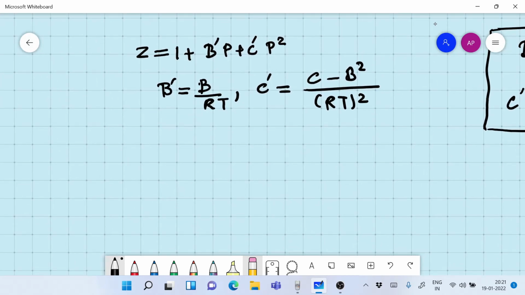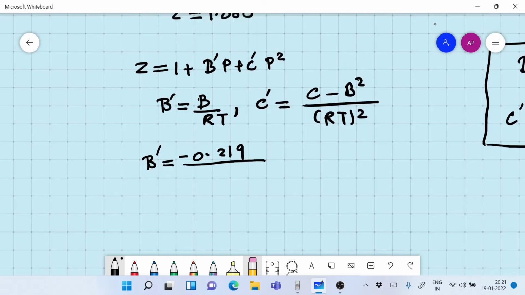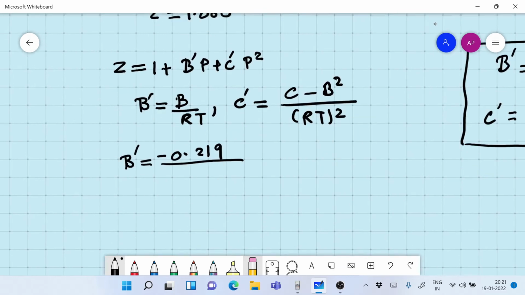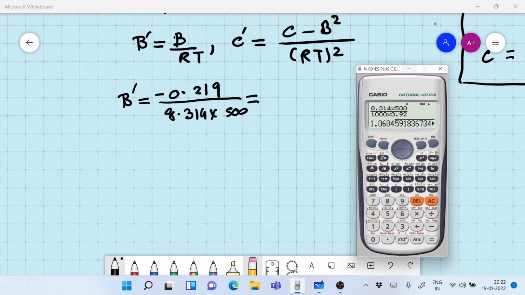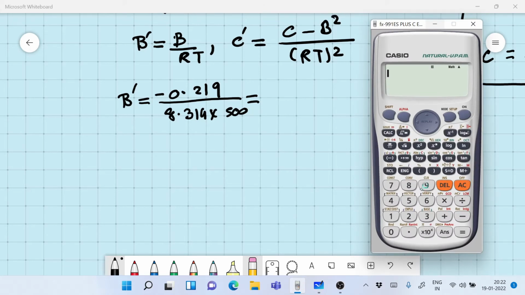So we calculate the value of B dash. The value of B dash is very simple: minus 0.219 divided by 8.314 into 500.